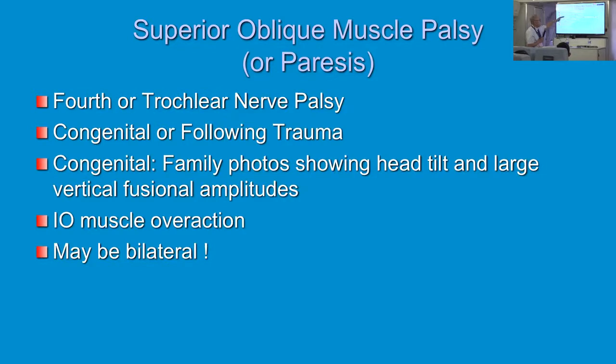It can be congenital or it can occur following head trauma. When it's congenital, there are usually family photos showing the head tilt, and they have large vertical fusional amplitudes. There's often inferior oblique muscle overaction, and it may be bilateral.